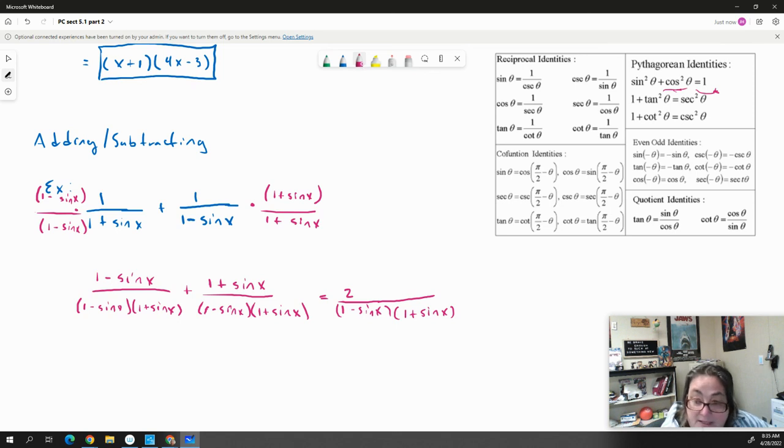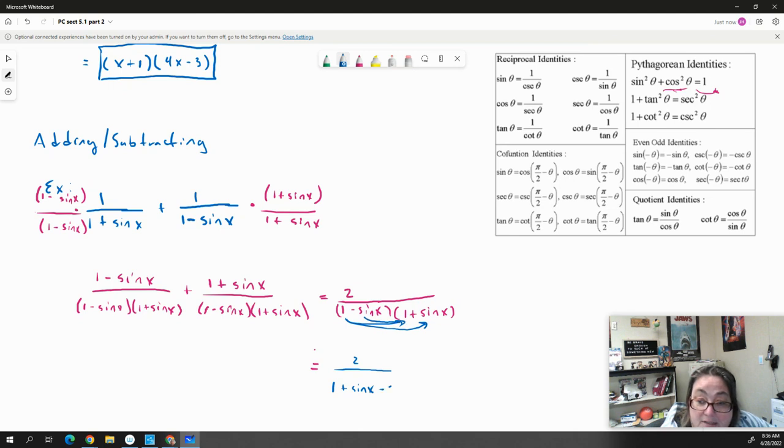If I multiply these two things together, let's look at what we get, right? It's going to be something with 2 on top, right? We're going to have 2 over something. What are we going to have? We're going to have 1 times 1. Well, that's just 1. We're going to have 1 times sine x. Well, that's sine x, right? Plus sine of x. We multiplied that 1 times everything. So now we're going to go minus sine x times 1.